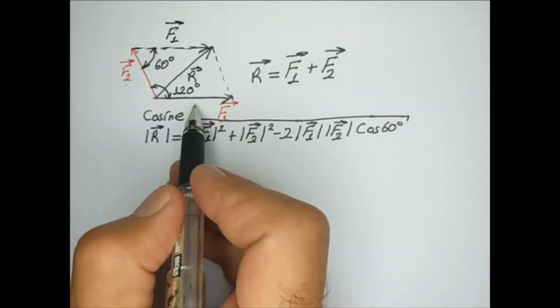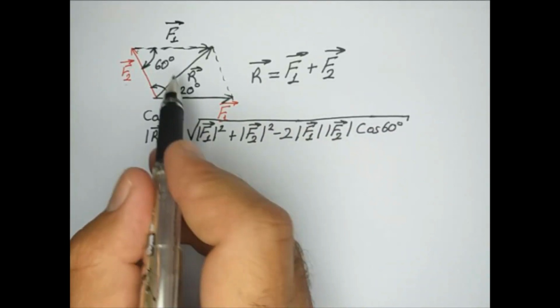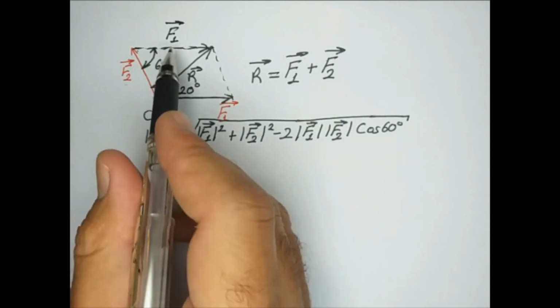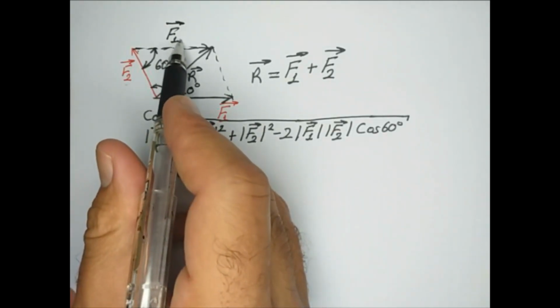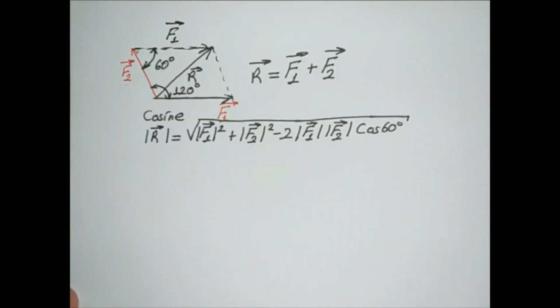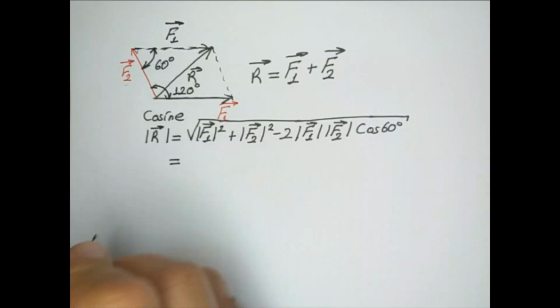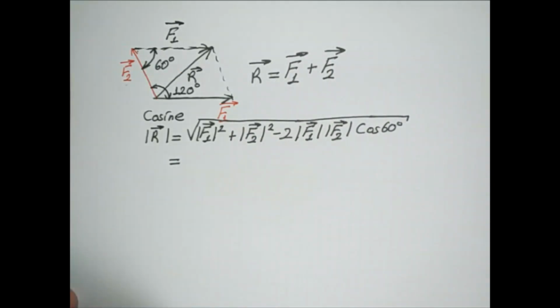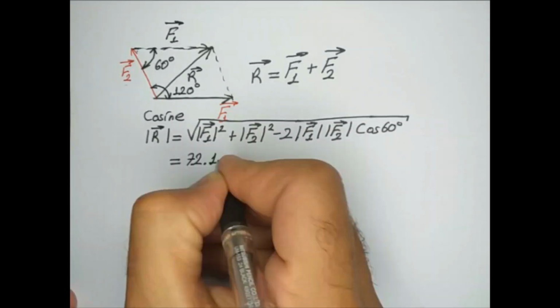And in fact, from here, I can easily write the magnitude as 72.11 newtons, if you put the values into their places.